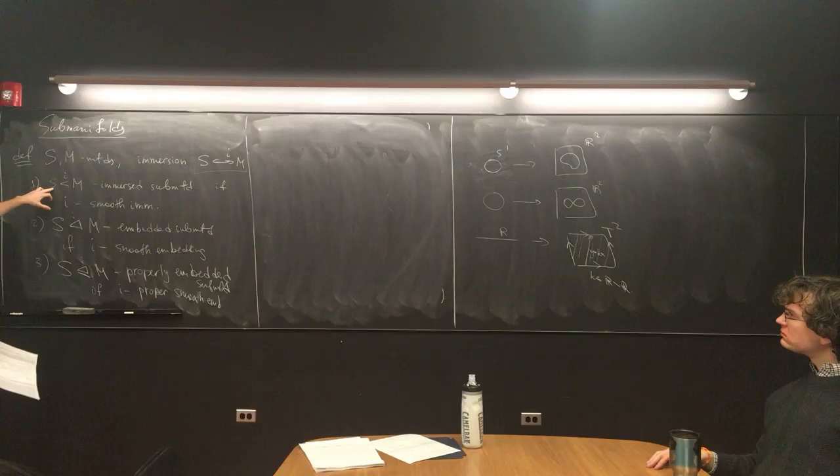Okay. And then there's two statements that I'm inclined to not write down. One is extensions of functions, which says that if you have a subset which is an embedded submanifold and you have a smooth function defined on the submanifold, you can always extend it to a smooth function on the whole manifold, which agrees with the function on the submanifold.